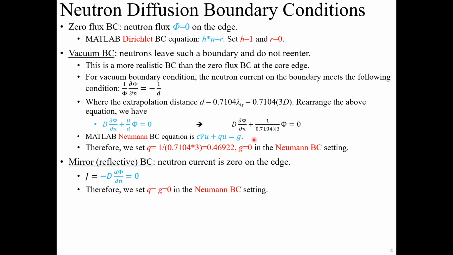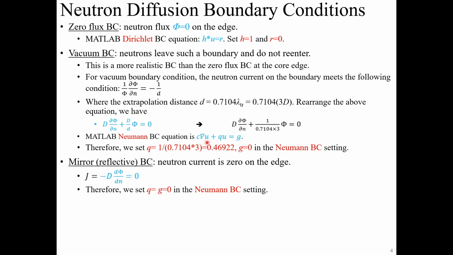In MATLAB, the Neumann boundary condition equation is written as c times gradient U plus q times U is equal to g. Then compare this blue equation with our vacuum boundary condition equation. We will see that c is equal to D, which was previously determined when we were mapping our differential equation, so we don't have to worry about c.